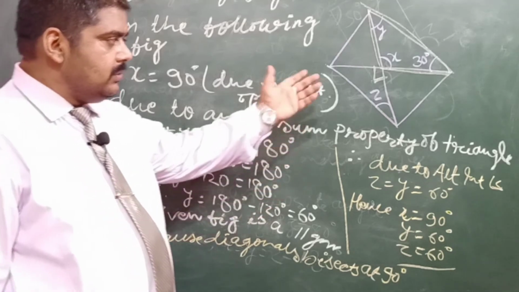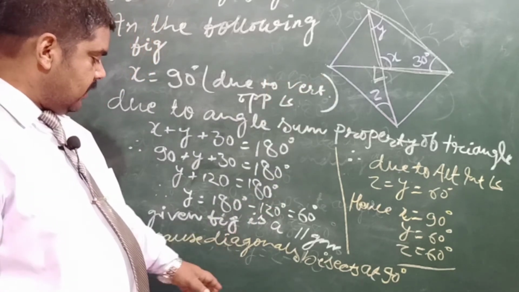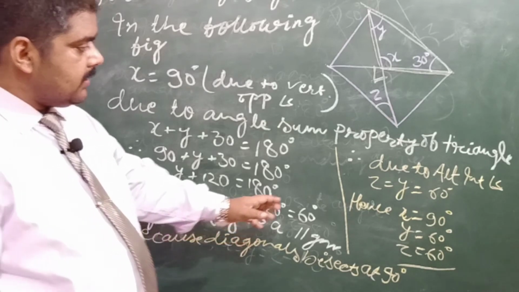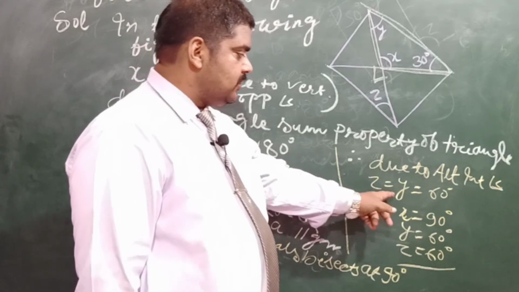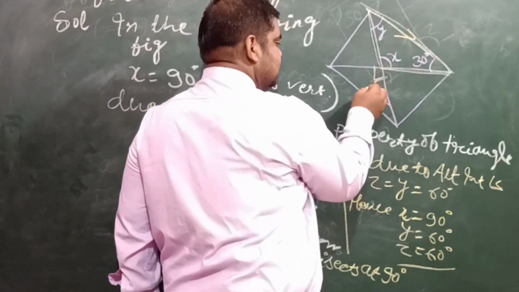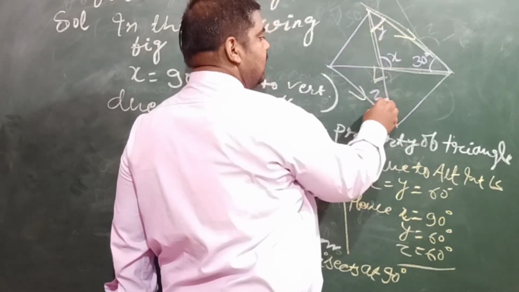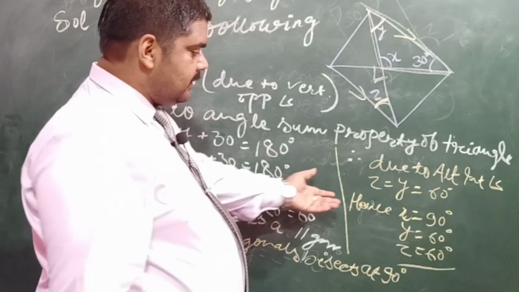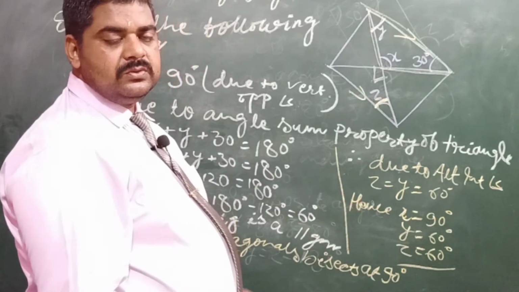And this is why you may apply the formulas of parallelograms, and due to alternate interior angles, z is equal to y, because if this is parallel to this, then y is equal to z due to alternate interior angles, and you can prove that z is equal to y is equal to 60 degrees.